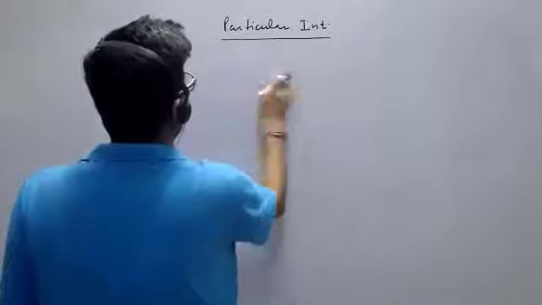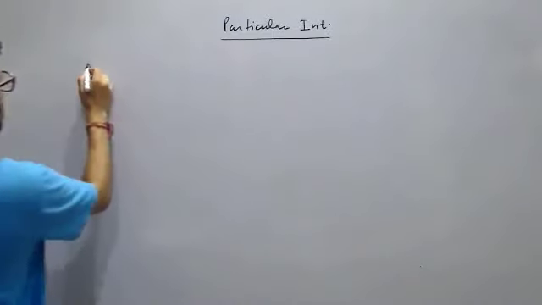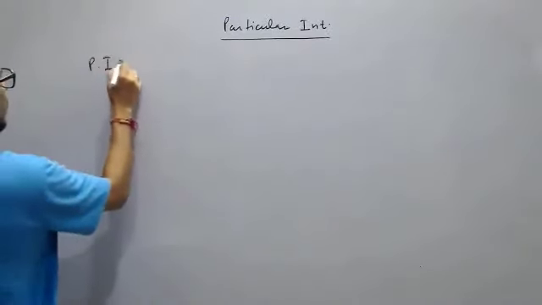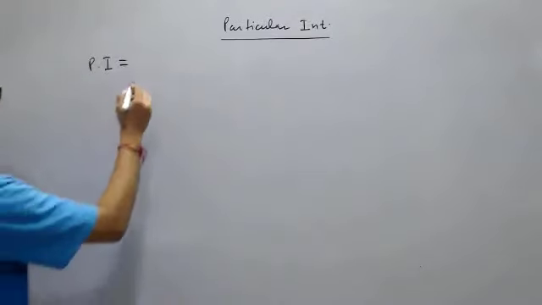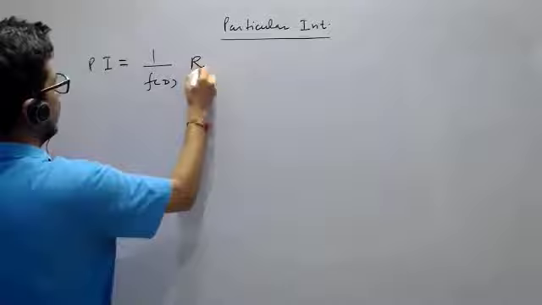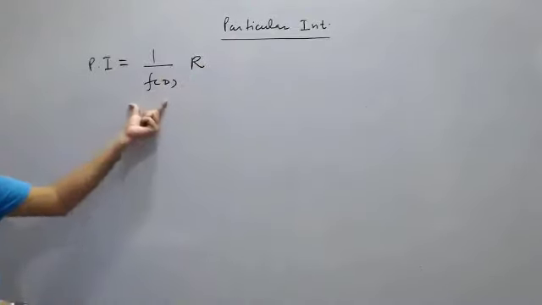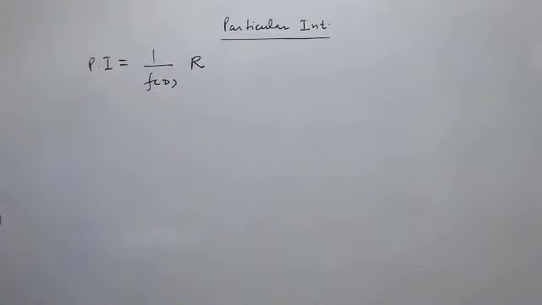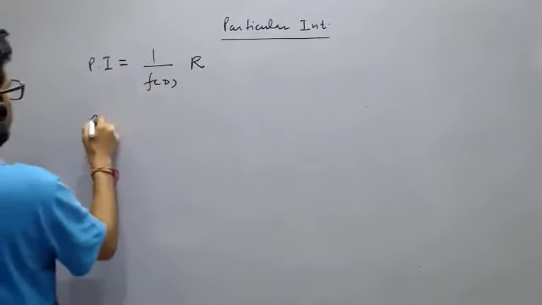I told you that the value of the particular integral will be given by 1 upon f of D into R, and this is the operator that I told you. So let us consider the different values quickly.